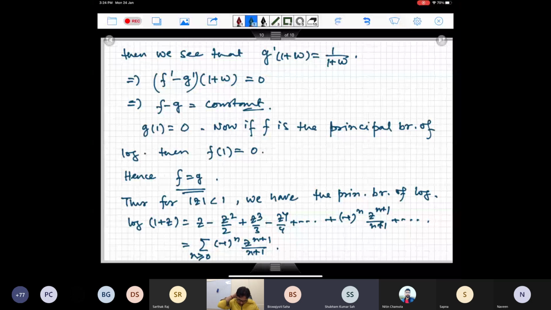This is the power series expansion of the function log 1 plus z around 0.